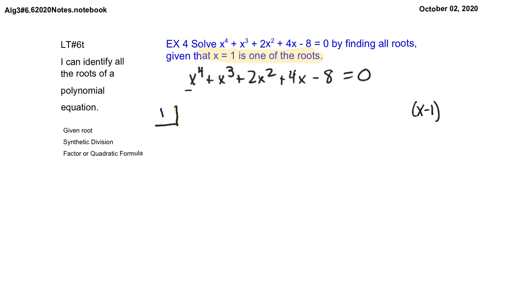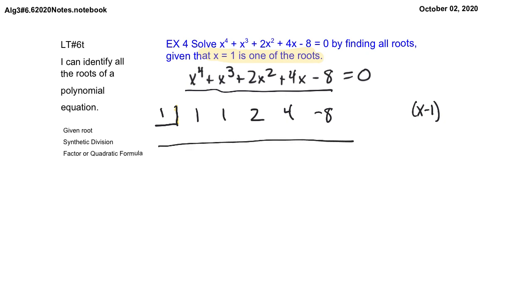So I'm going to take my polynomial now, and I'm going to go 1, 1, 2, 4, -8. I'm going to do my synthetic division. And it divides out.